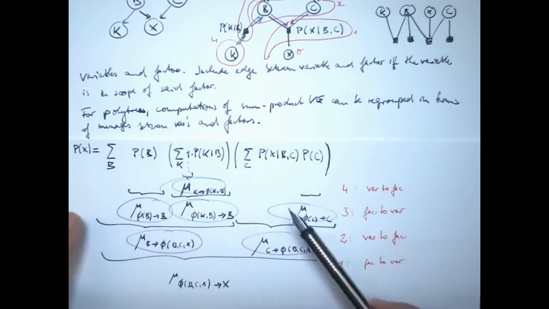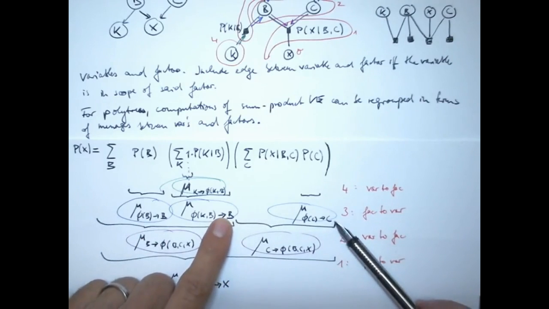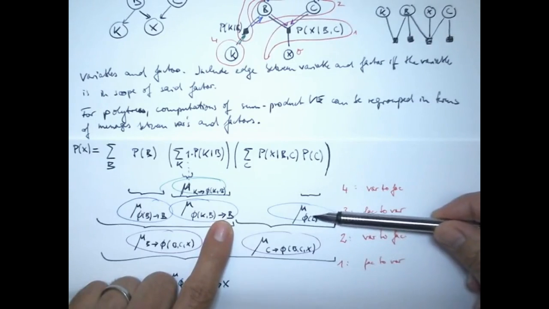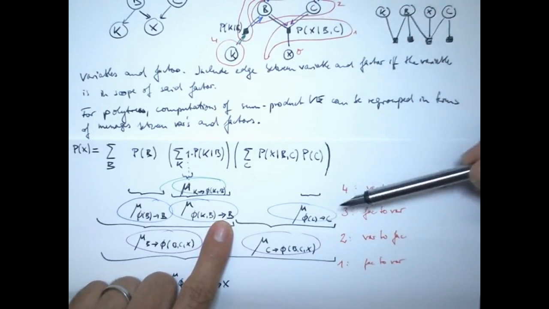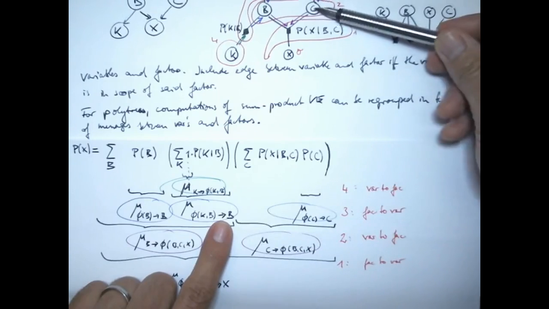Let's say this one here. I have a number of, so this is now from the factor, which one is it? This is the message from C down there.